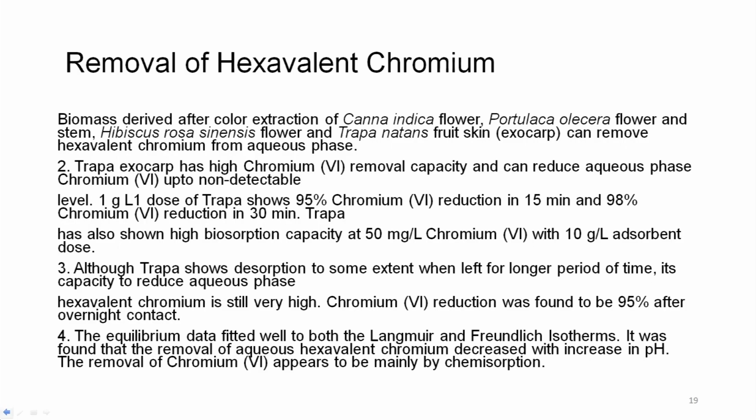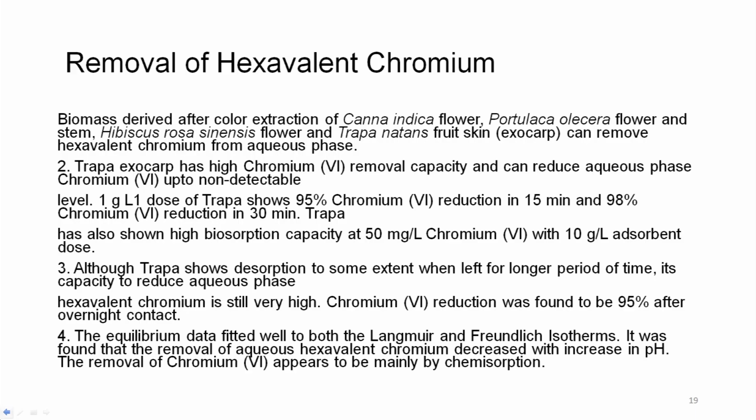A 1 gram dose of Trappa shows 95% chromium 6 reduction in just 15 minutes and 98% chromium reduction in 30 minutes. Trappa has also been shown to have a high bioabsorption capacity of 50 milligram chromium 6 with 10 gram of adsorbent dose.